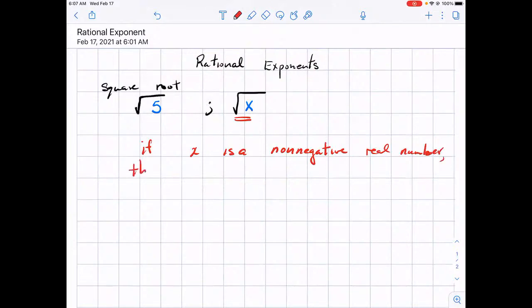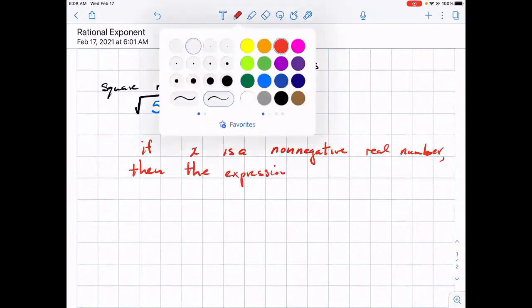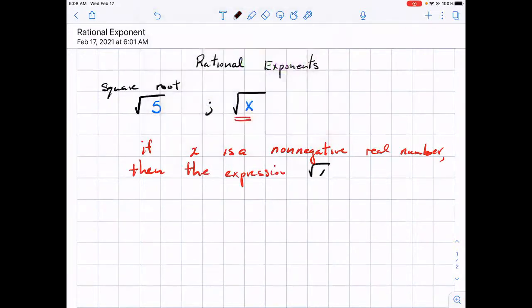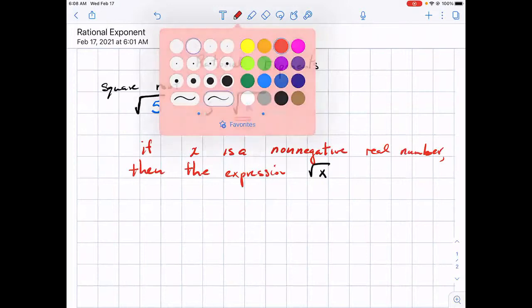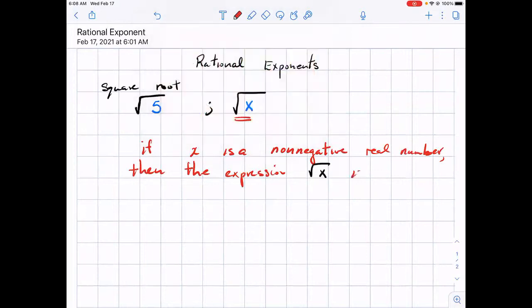then the expression square root of x is called the positive square root of x.